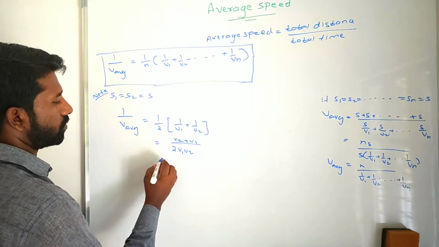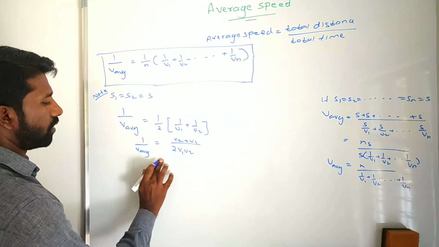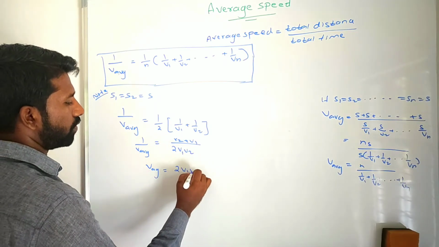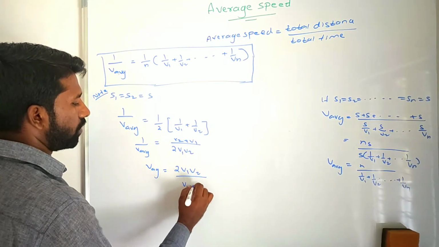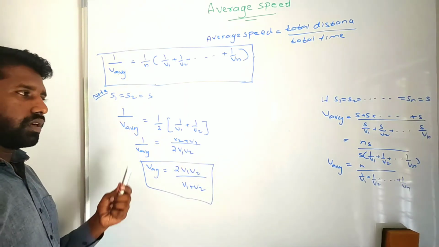So this is 1 by V average. V average is the inverse of this, that is 2 V1 V2 divided by V1 plus V2. Clear? This is the type.